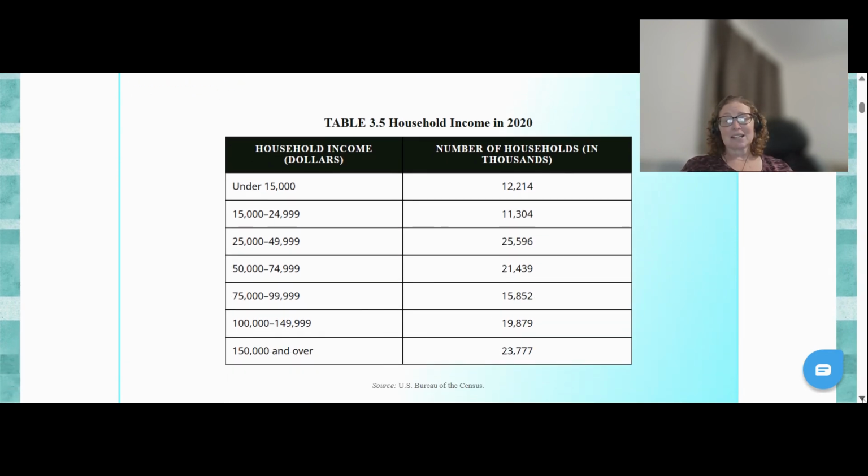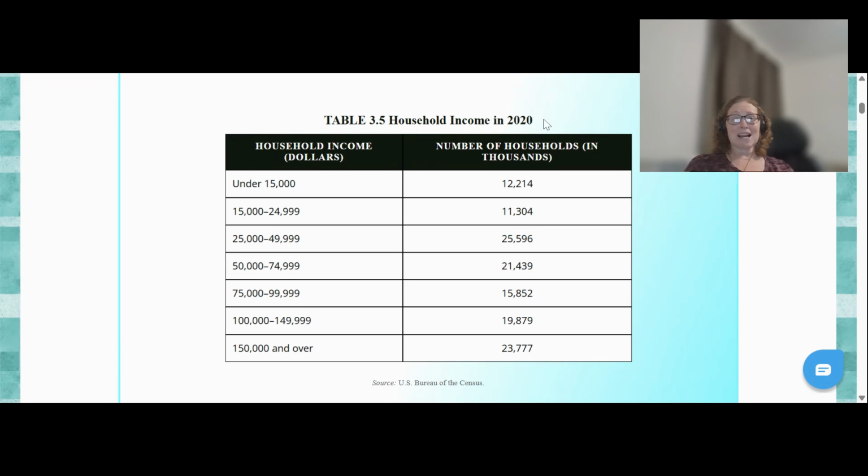You can see this in this household income in 2020, where we've got it broken down under 15,000, then 15,000 to 24,999. So that's about 10,000 right there. But then it gets higher as you go along, because the next one spans about 25,000.